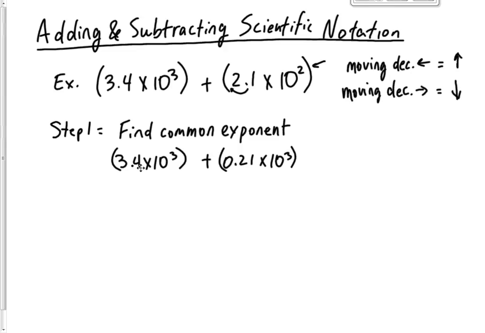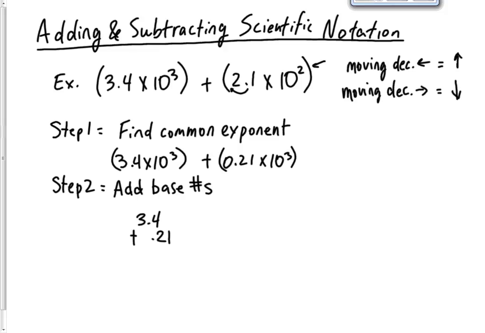Okay. Step number 2. We are going to add the base numbers. When we add the base numbers, we have 3.4 plus 0.21.